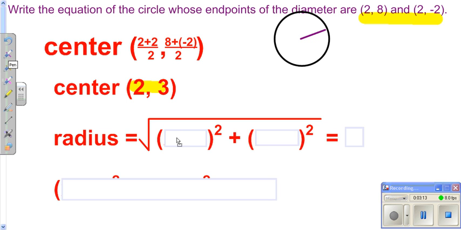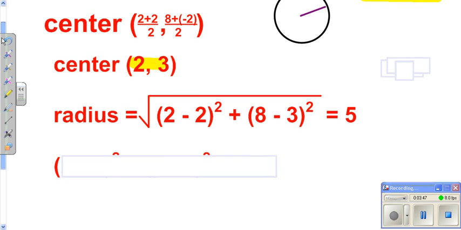So we're going to go ahead and go (2 minus 2) all squared, and then (8 minus our 3). So we're using this point here, subtracting the 2 x-coordinates all squared, subtracting the 2 y-coordinates all squared. So we end up getting 0 squared, which is 0. Here we get a 5 squared, which is 25, but then you have to take the square root of that, so we end up with 5.